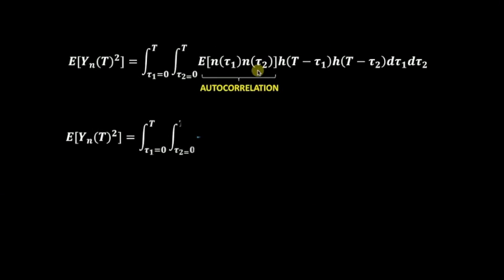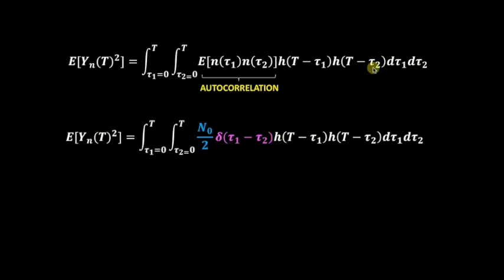So rewriting this given term here, we can represent the autocorrelation as simply the power spectral density n naught over 2, and then we have the delta. Since autocorrelation is simply correlating the signal with itself, you can represent the time difference of your given noise as a delta of tau 1 minus tau 2.